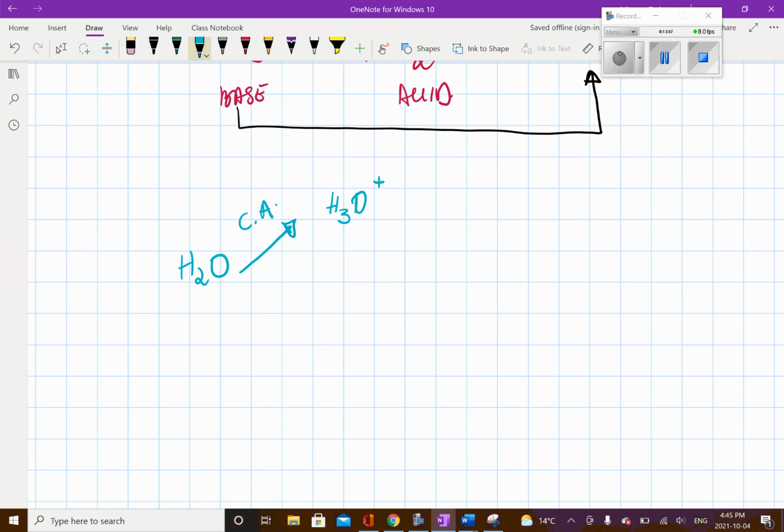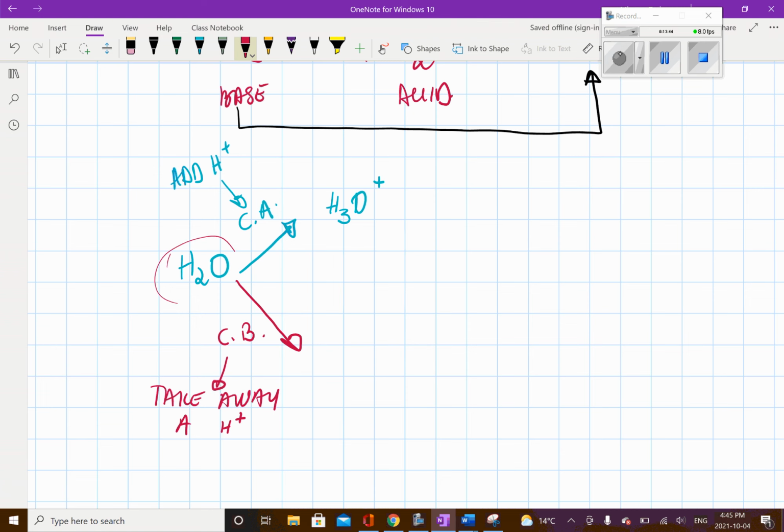So for the conjugate acid, you add a hydrogen plus. And when you are looking for the conjugate base of a compound, you subtract or take away a hydrogen plus. When you take away a hydrogen plus from water, what is left is hydroxide.